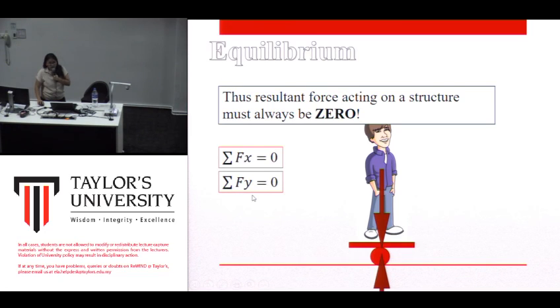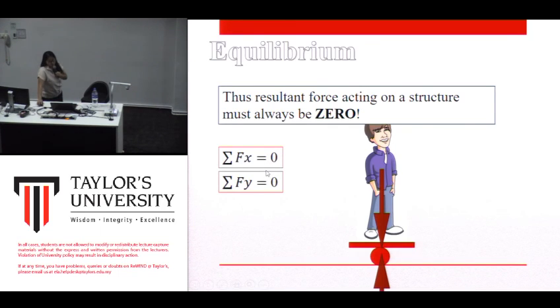Alright? There is no horizontal force acting on this person, right? No horizontal force. That's why the summation of horizontal force is equal to 0 as well. So this person will remain in balance. It will remain balanced.